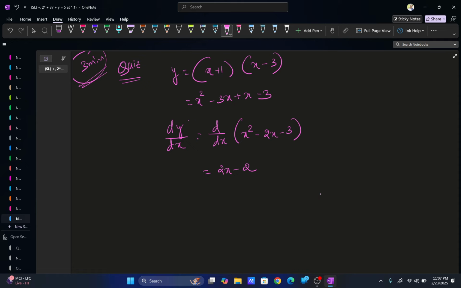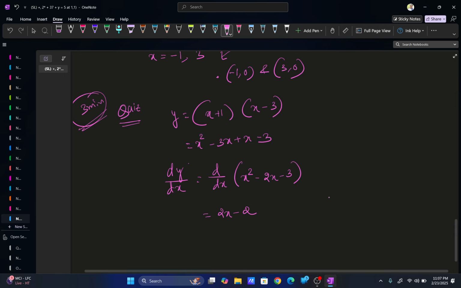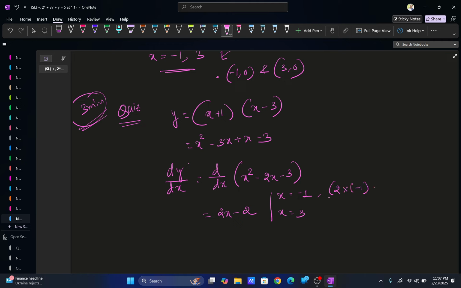We work on 2 points. For the first case x equals to minus 1, we get 2 into minus 1 minus 2, which is basically minus 4. For x equals to 3, it gives us 2 into 3 minus 2, which is 4.